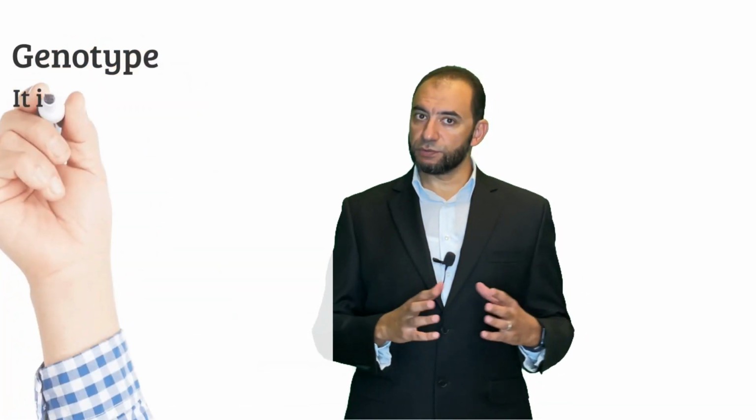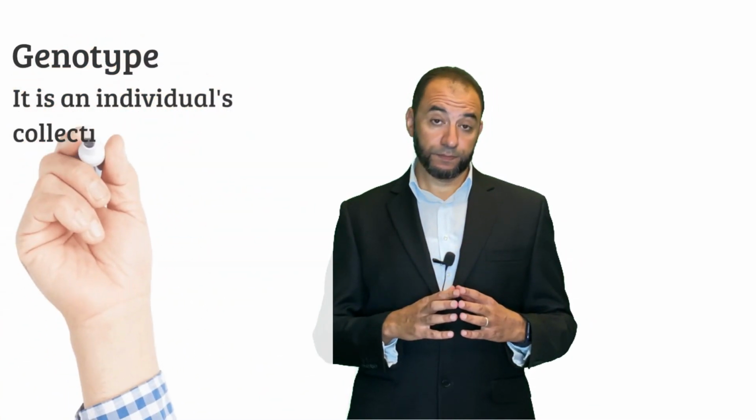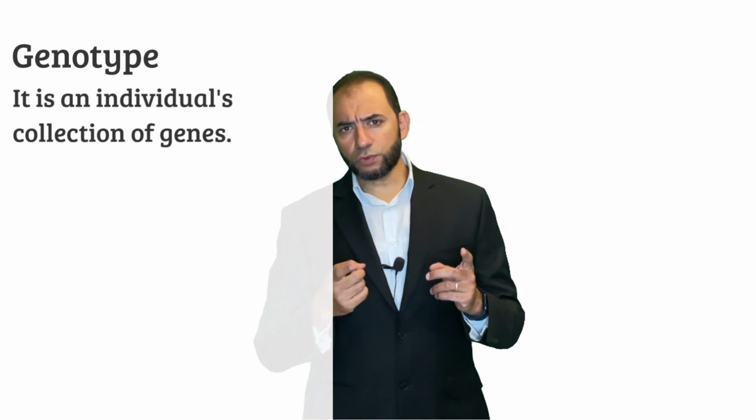And the collection of this genetic material, of those traits in the genes, is an individual's genotype. But how do those genes affect the external appearance? How do genotypes affect phenotypes? Well, we need to understand a little more about genetics first.